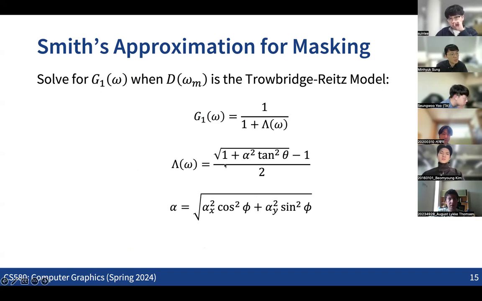So G can be derived as this kind of equation. So this is also the basic idea. If we have any microfacet distribution function, then we can also derive the masking function like this. Make sense? Any questions on this?